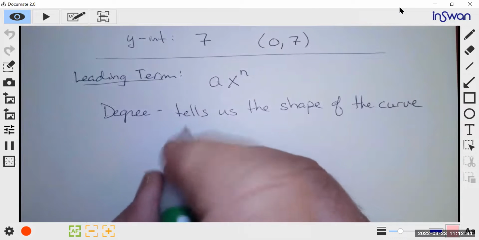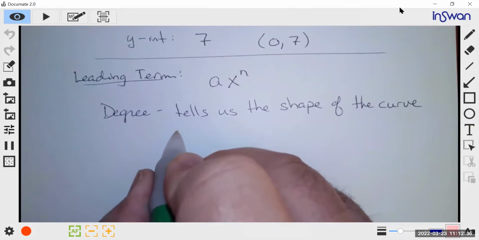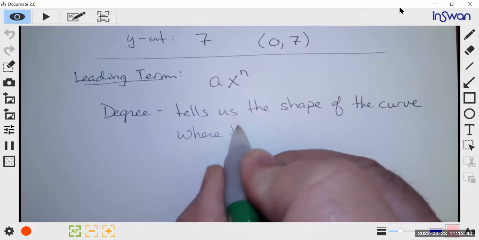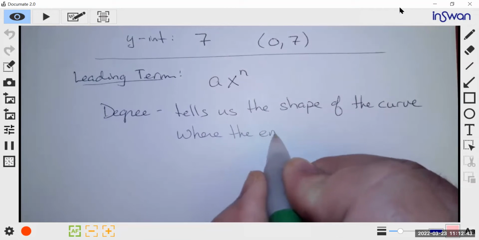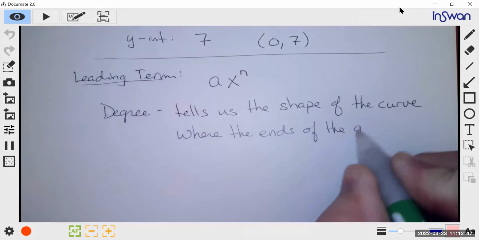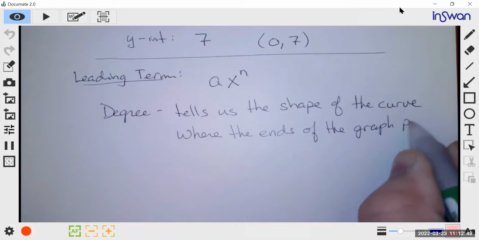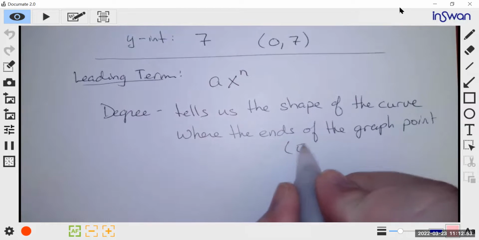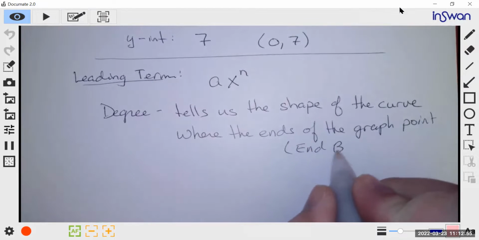By shape, it tells me where the ends of the graph point. We call that end behavior.